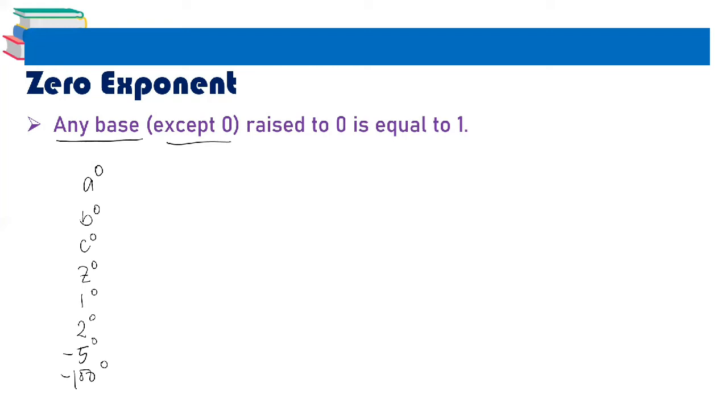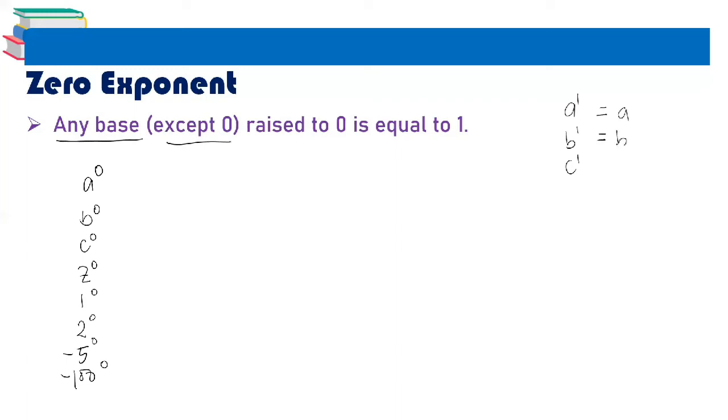Bakit po ba siya equal to 1? If you are going to remember, let's say, A, B, C, the exponent of this one is automatic 1. And if we have the exponent 1, the answer will always be the base itself. For example, A to the first power, the answer is the base. B to the first power, the answer will always be the base.